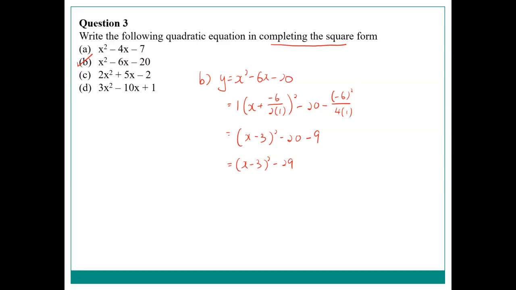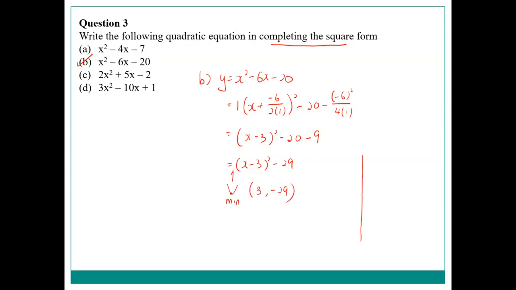So once again, the leading coefficient is 1, so I have a happy face. A happy face has a minimum point, and the stationary point is located at 3 and -29. So if I want to sketch this function, it's very easy because I have already got the stationary point.